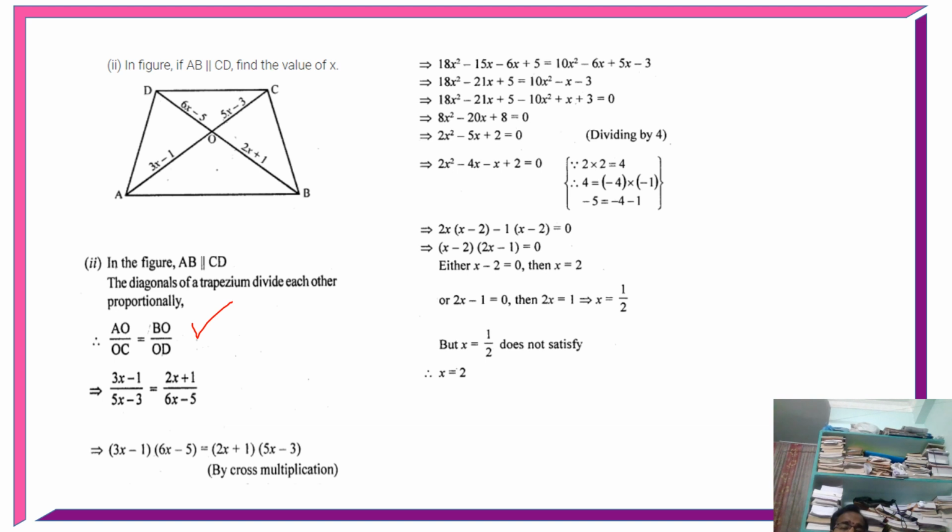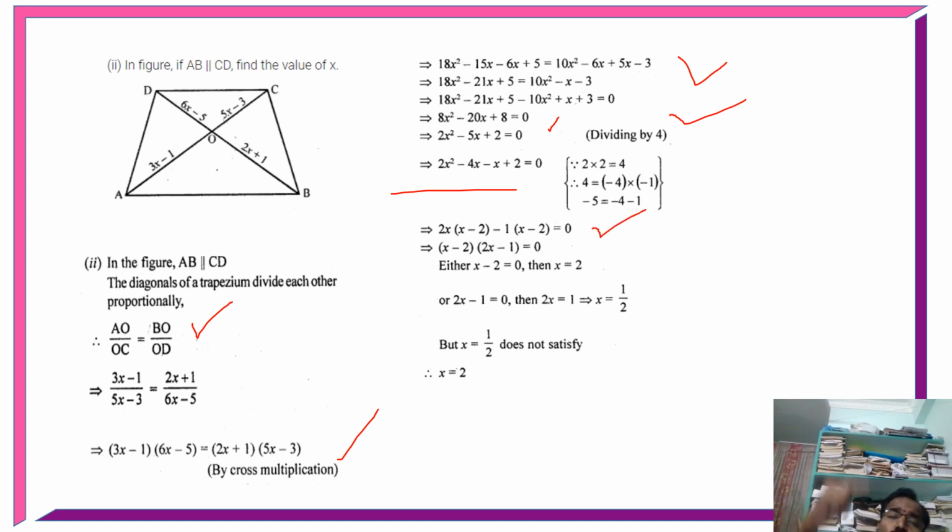AO is given 3x minus 1, OC is 5x minus 3, and 2x plus 1 is OB by OD. After cross multiplication and simplifying, we divide by 4 to keep it simple. After applying the split middle term method, we have 2x of x minus 2 minus 1 of x minus 2 equal to 0.